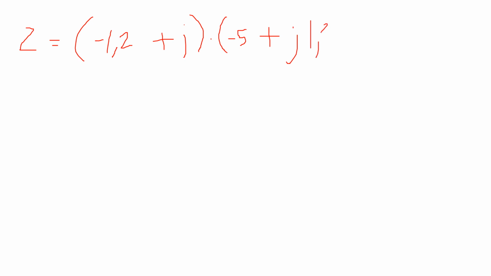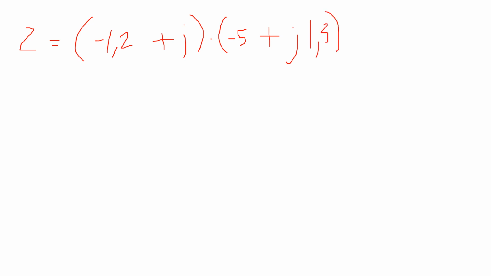So the first problem that we have is to simplify this expression here. Z is equal to (-1.2 + j) all multiplied by (-5 + j1.3).